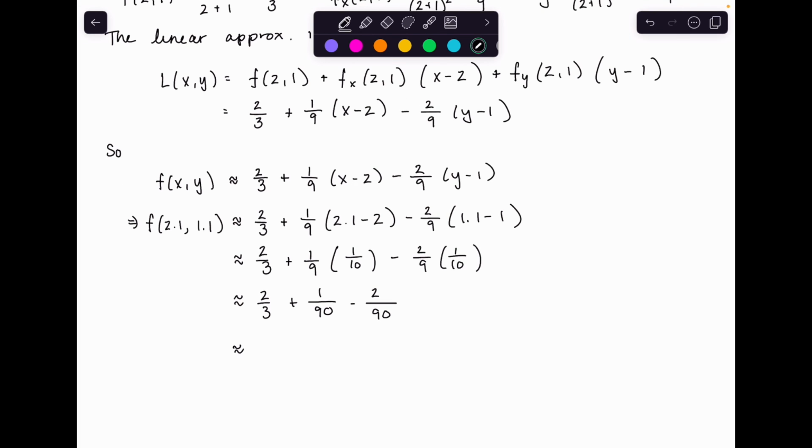This is about equal to 59 over 90. So what we're ultimately saying is, remember, our function that we started out with is x over (x plus y). If I wanted to find what 2.1 over (2.1 plus 1.1) is, it's about equal to this fraction. So much simpler to plug into, and this is what your calculator is doing behind the scenes on a lot of your stuff.